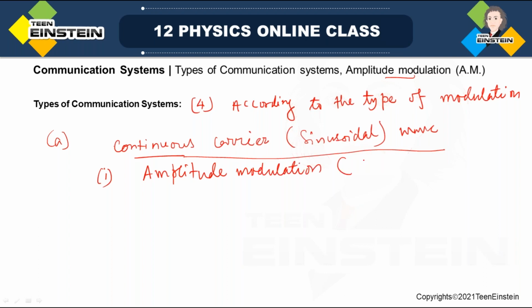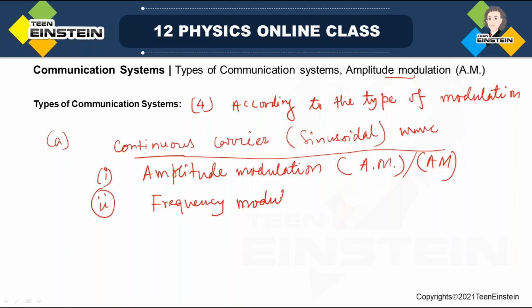In short, it is written as AM. Sometimes it will be written AM simply. This is not for morning time. This is amplitude modulation, at least in this communication system. Then you have FM, frequency modulation, in short written as F dot M. Then phase modulation.